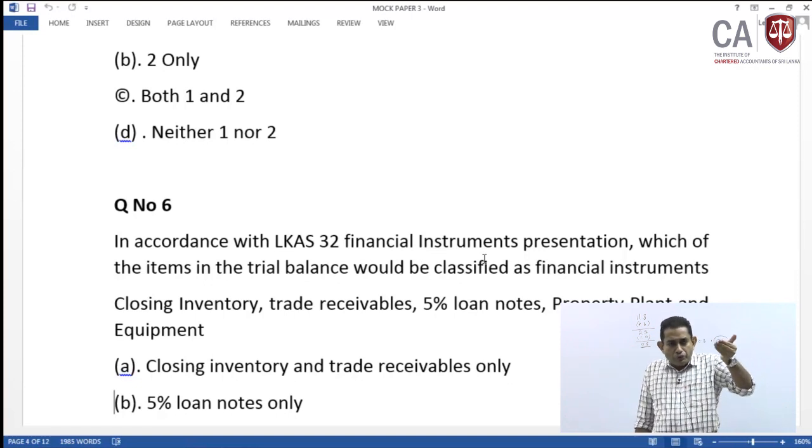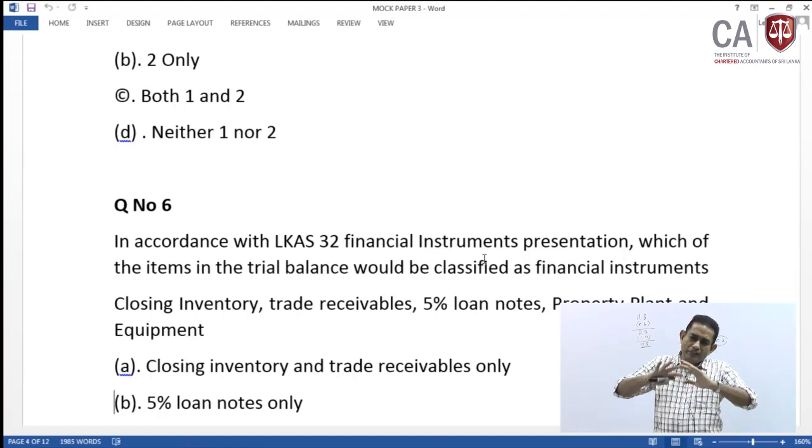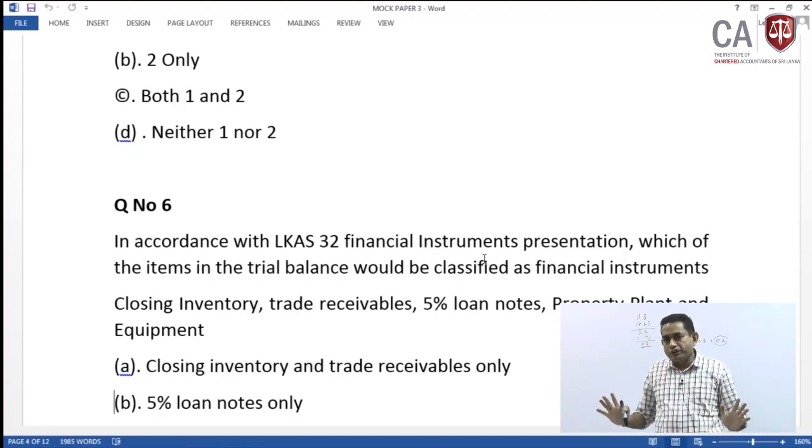If you go through IAS 32, there are 6 definitions for financial assets and 4 definitions for financial liabilities. To understand this entire picture and the concepts of financial instruments, you need to learn altogether 10 definitions, then only will you know what financial assets and what financial liabilities are.